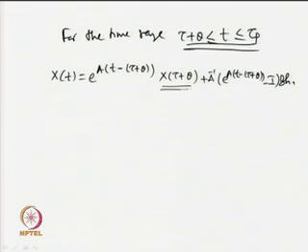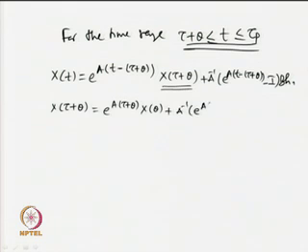Again, what is x(tau plus theta)? x(tau plus theta) is nothing but e to the power A(tau plus theta) x(theta) plus A inverse [e to the power A(tau plus theta) minus e to the power A tau] B h1 minus A inverse [e to the power A tau minus 1] minus I B h2.